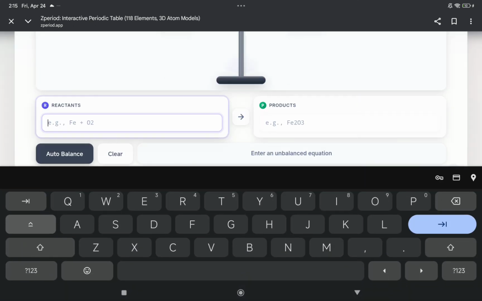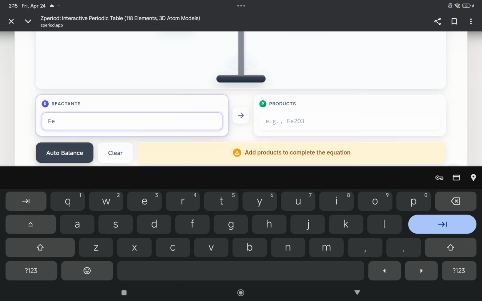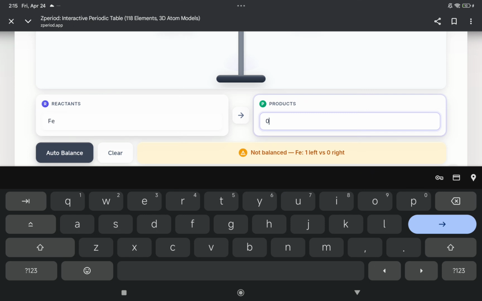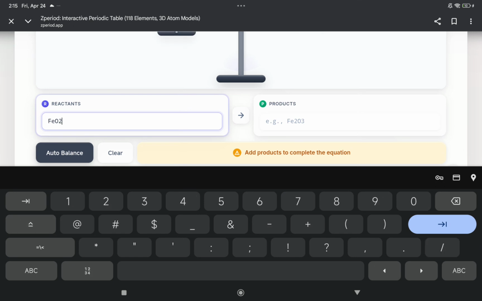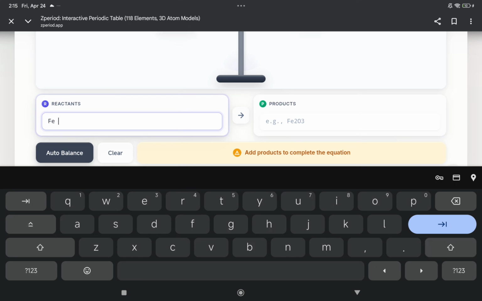Okay, so we need to come to the equation to answer. So we gotta type some Fe, N, O, the Fe and O2, Fe and O2. I'm gonna make it bigger.